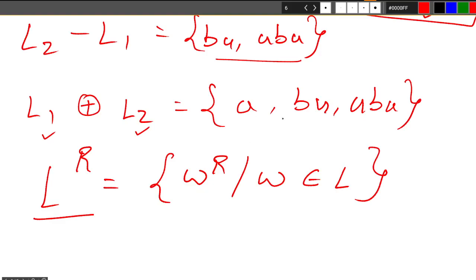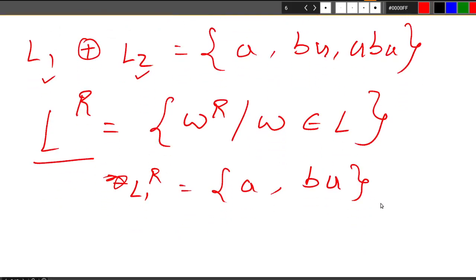Suppose I take the example of L1. L1 reverse, what will it be? The first was A, so A will remain A only. The second was AB, so it will be BA, right?